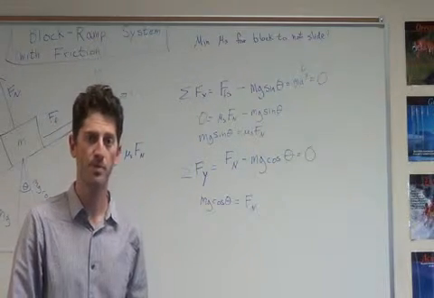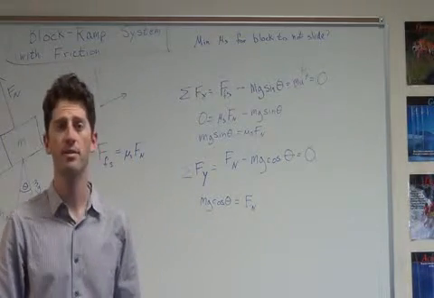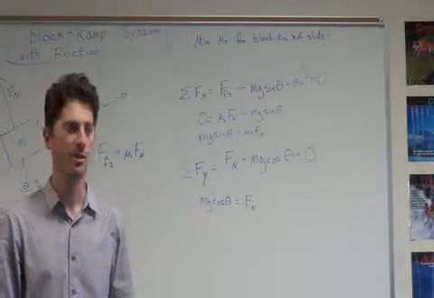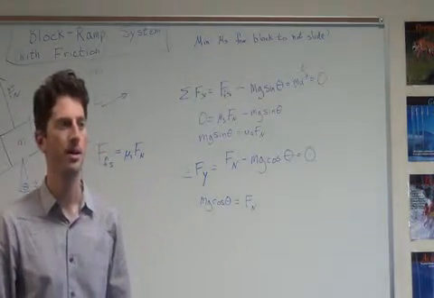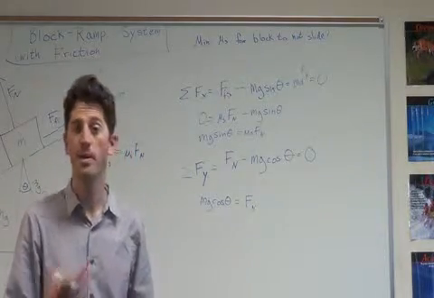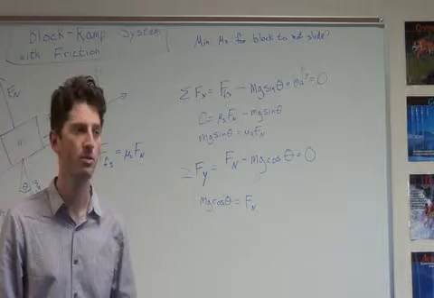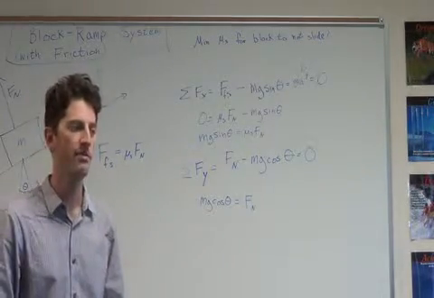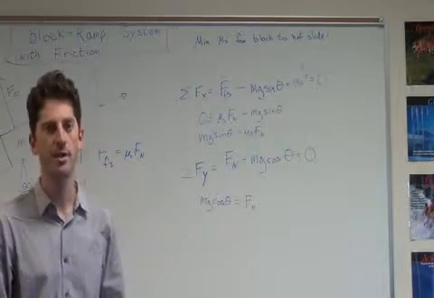But for this problem, there's an easier way to do it, and you want to get really proficient with systems of linear equations. You don't have to know all the tricks and all the techniques, but know that you can divide equations by each other. You can set up matrices. You can add these together. You can do a lot of things. So if you see a really quick way to go right to the answer, do that.